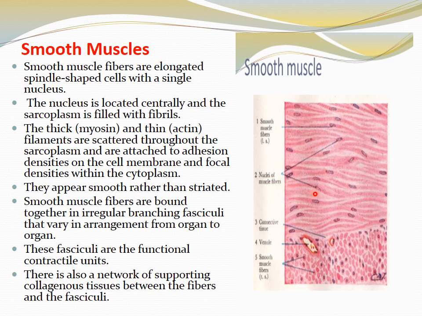The thick myosin and the thin actin filaments are scattered throughout the sarcoplasm, and are attached to the adherent densities on the cell membrane and focal densities within the cytoplasm. They appear smooth compared to the striated. So the actin and myosin filaments are present, but they are not arranged in sarcomere units as in the skeletal muscles or the cardiac muscles.